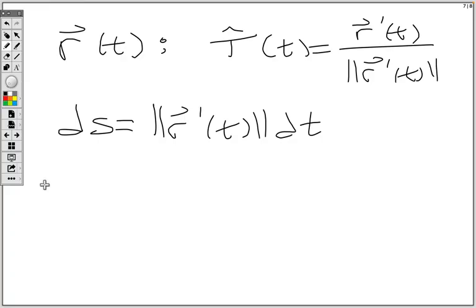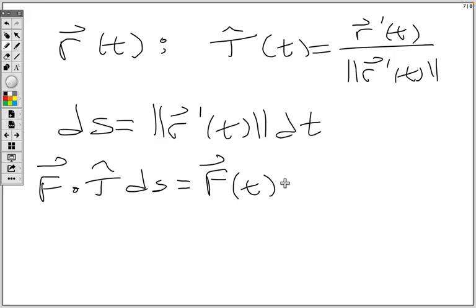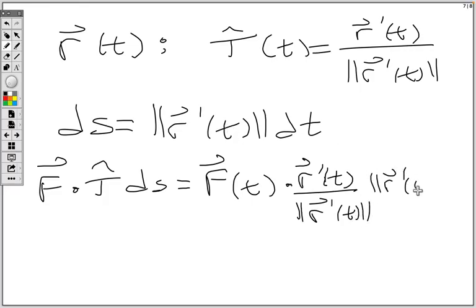So if I look at the integrand F dot T hat ds, if I cast F as a function of t via the parameterization, and we'll talk about this in a minute, then this would be F dot r prime of t over the magnitude of r prime of t. And then the ds is magnitude of r prime of t dt.